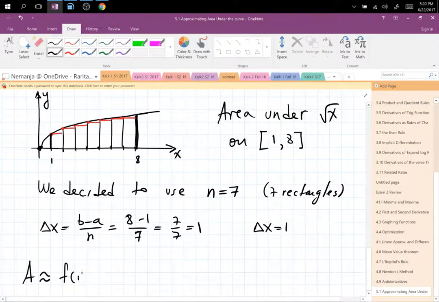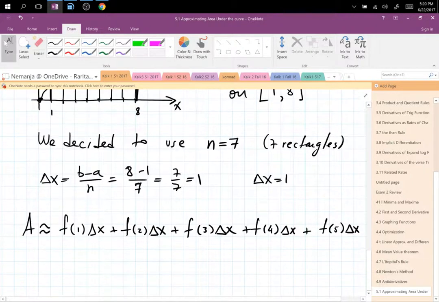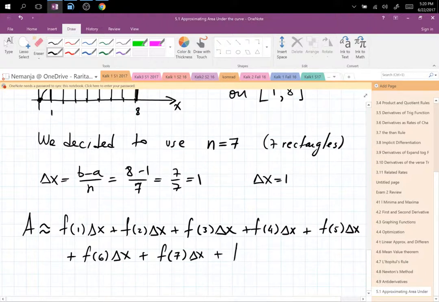Function computed at 1 times delta x plus function computed at 2 times delta x, function computed at 3 delta x, plus function computed at 4 delta x, plus function computed at 5 delta x, function computed at 6 delta x, plus function computed at 7 delta x, and then plus function computed at 8.